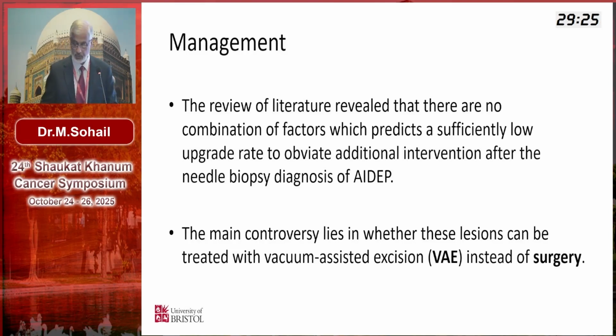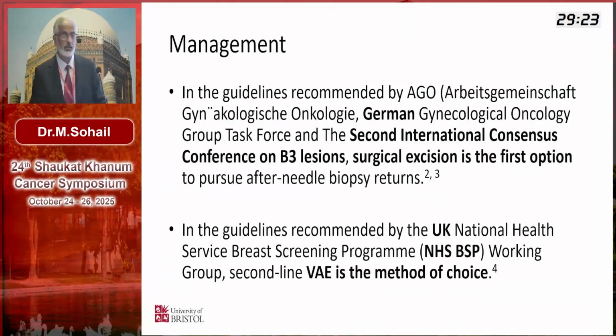But I generally tell you that in the UK, the inclination is more towards vacuum-assisted excision, a non-operative procedure, whereas in America and also in Europe, they are more relaxed and favor excision.